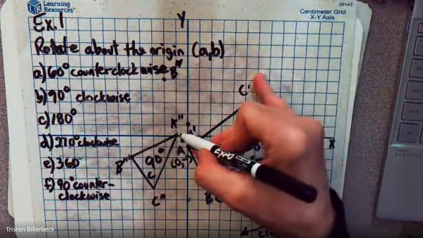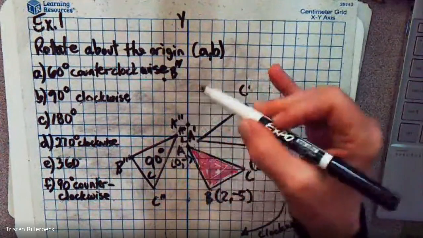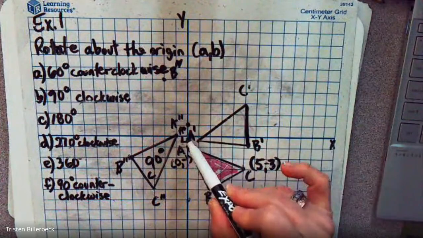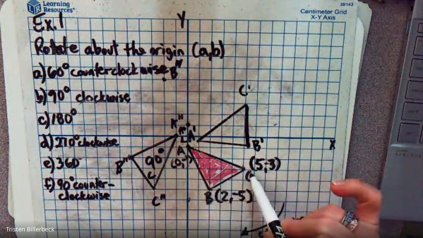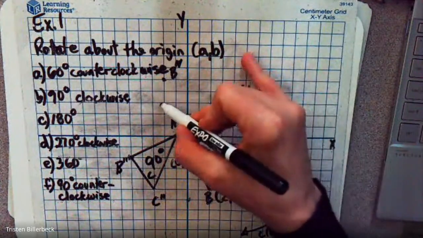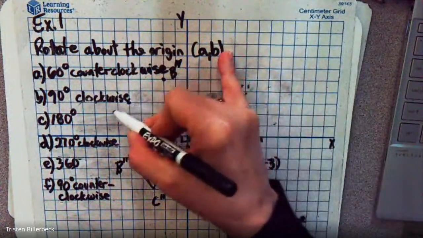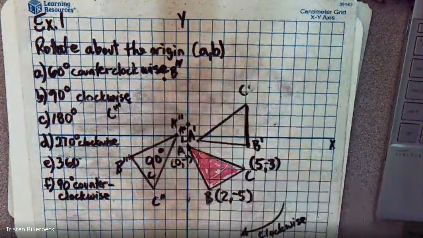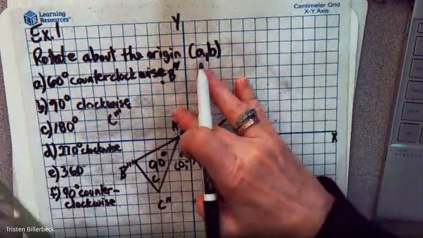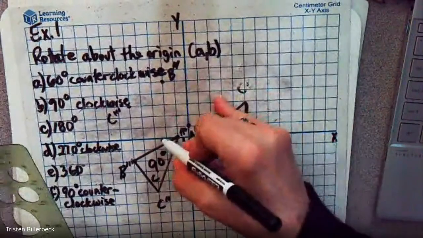And this one's A triple prime. For C, we have 1, 2, 3, and then 1, 2, 3, 4, 5. So that's C triple prime. Okay, let me move that over here.